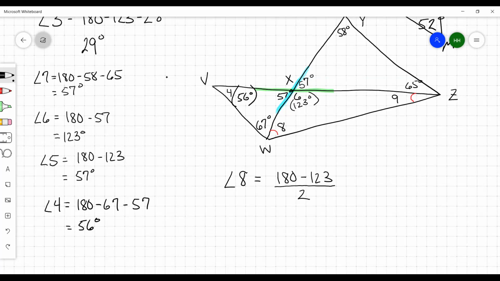Because once you take 180 and subtract this 123, you've got a sum of two angles left, don't you? And the angles are the same. So you take what's left and you divide it by 2. And that'll give you the measure of angle 8 and angle 9. So 180 minus 123 equals 57, and then we divide it by 2, and we get 28.5. So 9 is 28.5 as well.